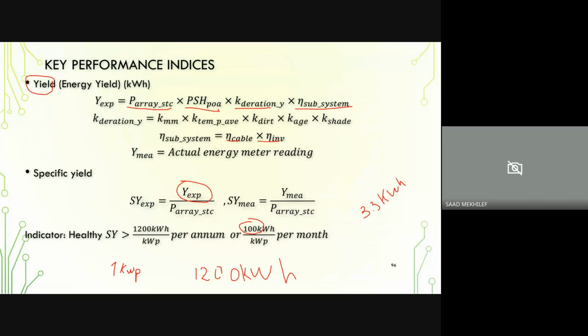So a 1 kilowatt PV system should give us at least 3.3 kilowatt hour per day. Then we can consider the system is healthy, good and value for money. We call this the energy yield of the system. Any questions?